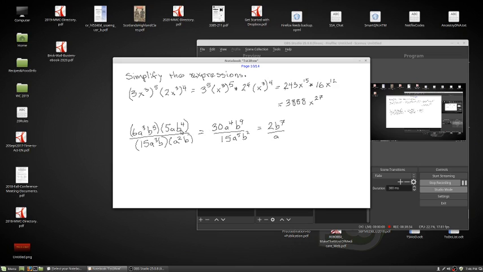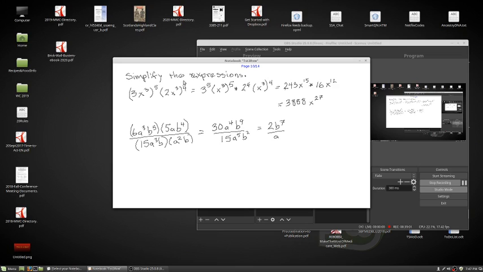And b to the 5th times b to the 4th is b to the 9th. Then on the bottom, the 15 is the only constant term there. So we have 15 times a cubed times a squared is a to the 5th. And b times b is b squared.